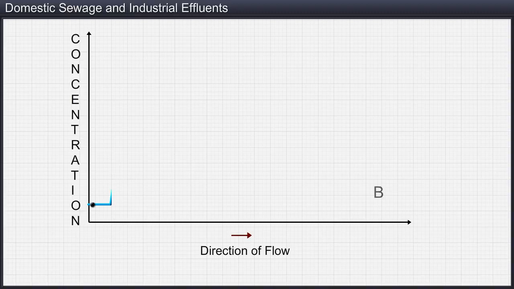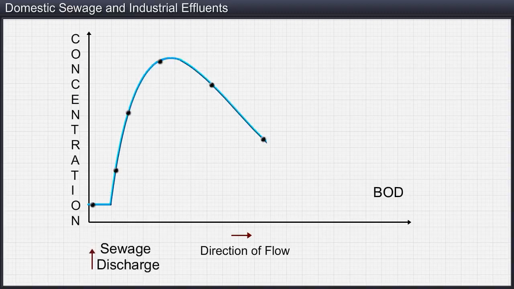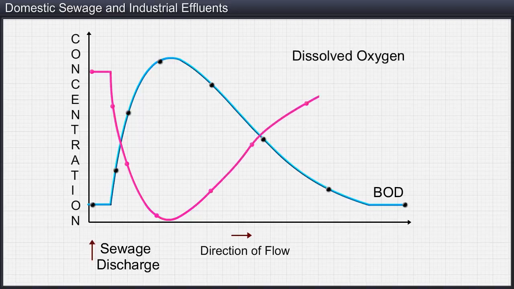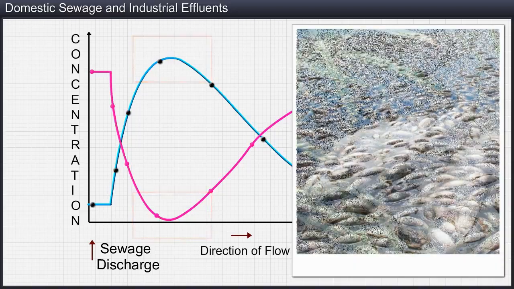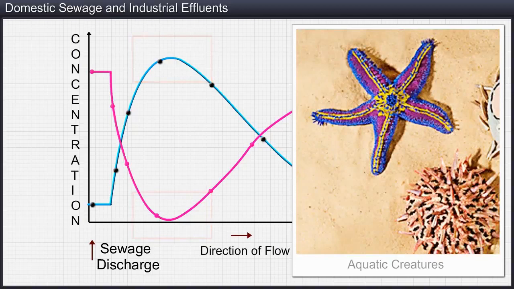The concentration of BOD in the sewage water discharged into the water is high. A high concentration of BOD automatically translates into low amounts of dissolved oxygen or DO as depicted in this graph. High BOD and low DO ultimately cause the death of fish and other aquatic creatures.